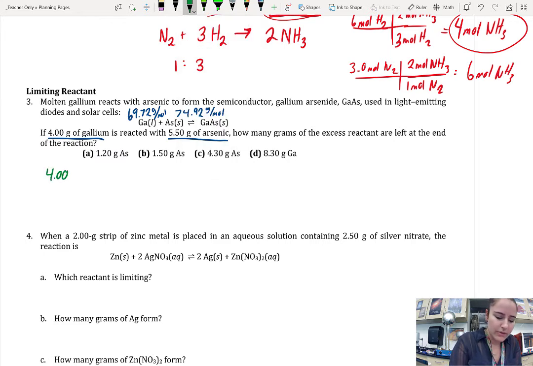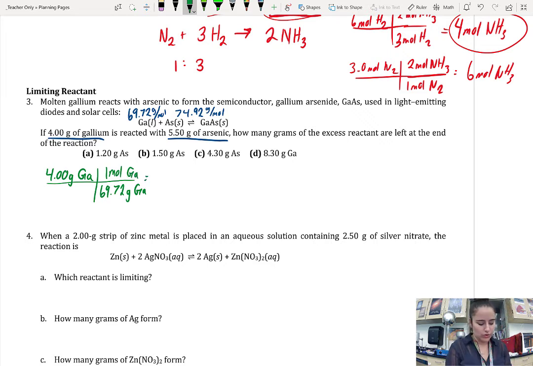So, if we have 4.00 grams of gallium, 69.72 grams of gallium is 1 mole of gallium. So that means we have 0.057 moles of gallium.